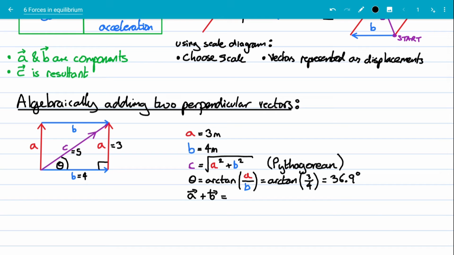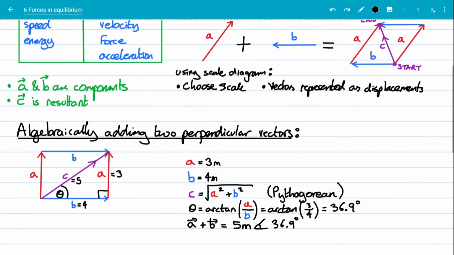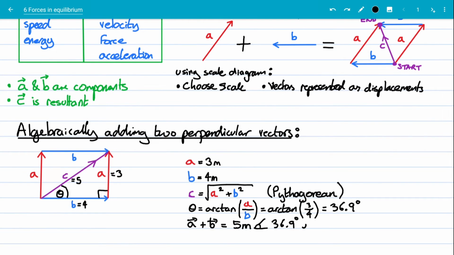So this is going to be equal to 5 meters at an angle of 36.9 degrees anti-clockwise, ACW, from B.